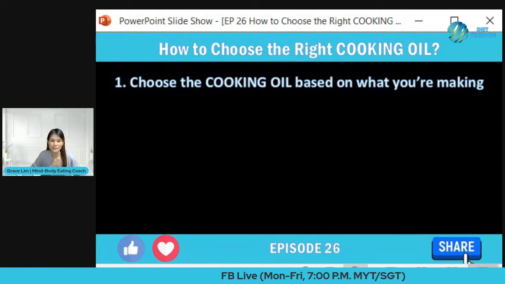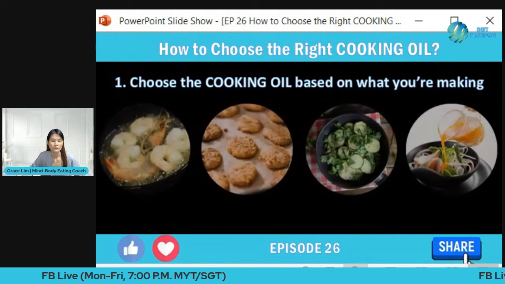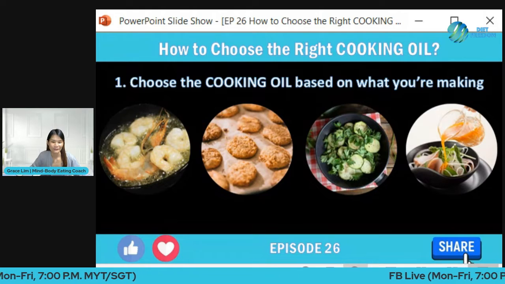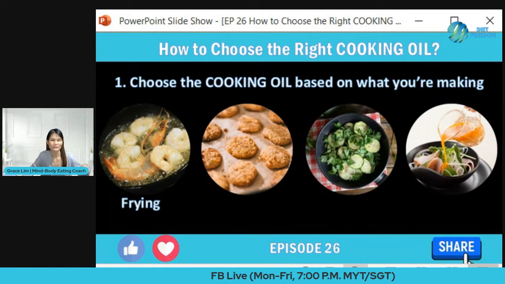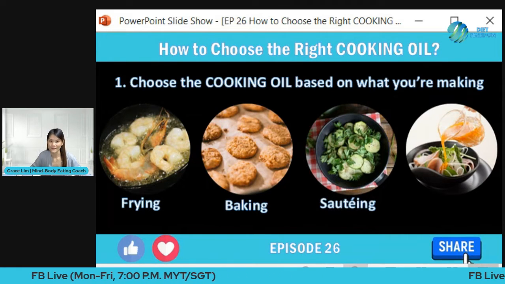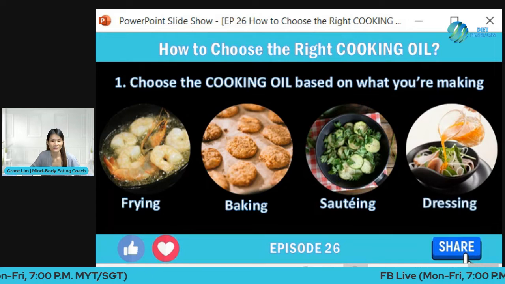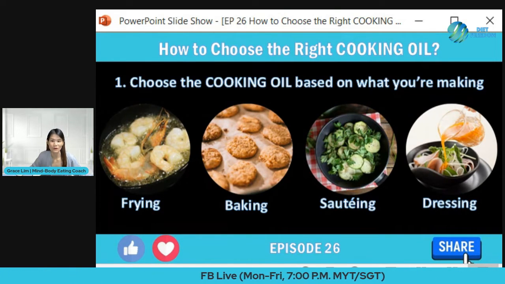So the first thing is to choose the cooking oil based on what you are making. There are a lot of methods when we are cooking. Sometimes we do frying, baking, sautéing or searing. Another one is just for dressing purposes, where we are using the oil. So let's start with the first one, frying.